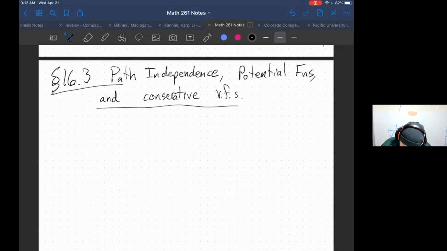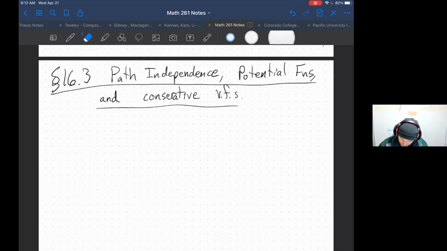Conservative in the sense of conservation of energy. We're trying to conserve something here. It's not necessarily energy, but it's that kind of idea. Okay, so 16.3. We're going to start off with an example.